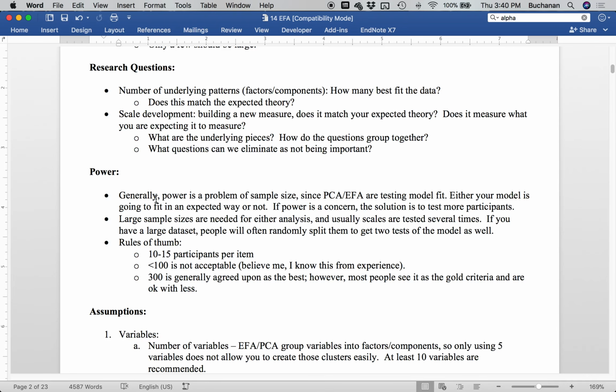So a lot of EFA is model tweaking, figuring out what is the best model, hence the exploratory part of the word, where a lot of structural equation models are more confirmatory. So I think this is the model, let's see if it works on this group. Smaller sample sizes just make it hard to fit because any one person can screw that up.